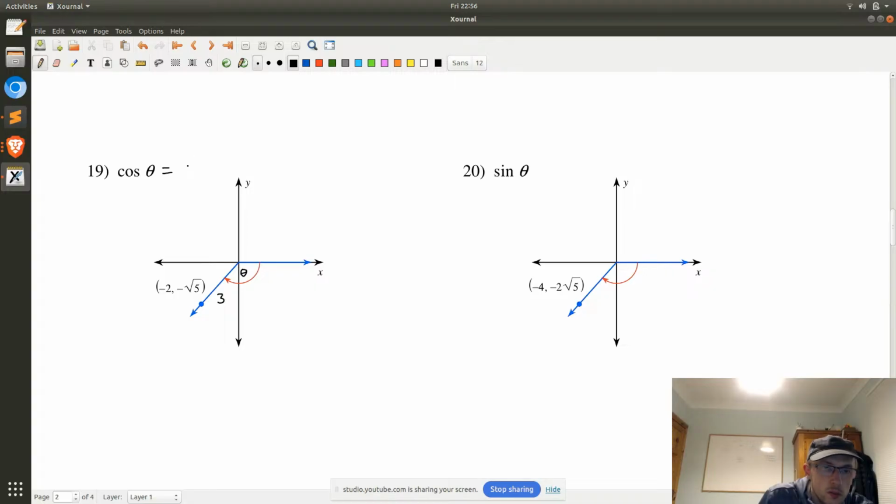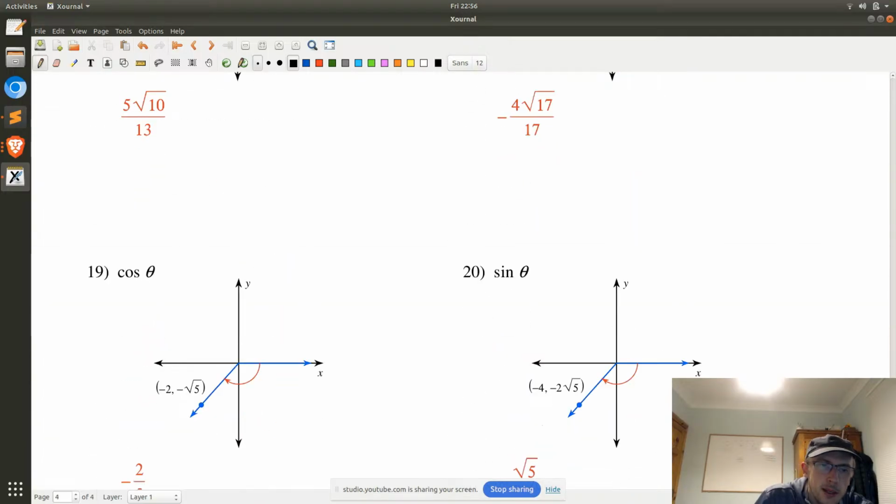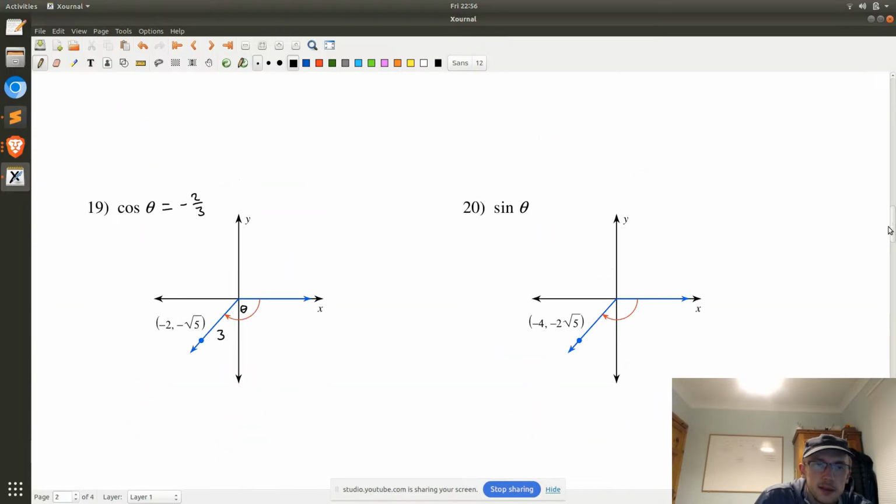So, what is the adjacent? Is it simply -2? So, is this really just -2 over 3? We'll check. Yes. Okay.